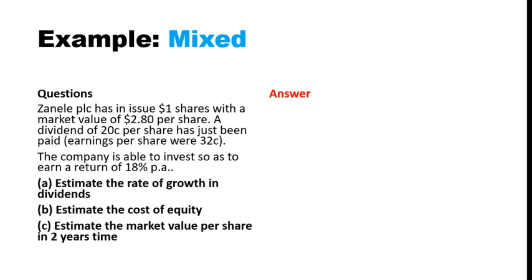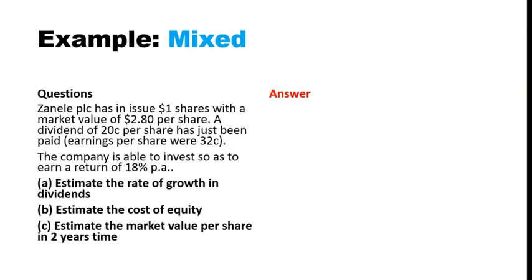Now, welcome back. Let us do it together. Zanele PLC has in issue $1 shares with a market value of $2.80 per share. A dividend of 20 cents per share has just been paid. Earnings per share were 32 cents. The company is able to invest so as to earn a return of 18% per annum.